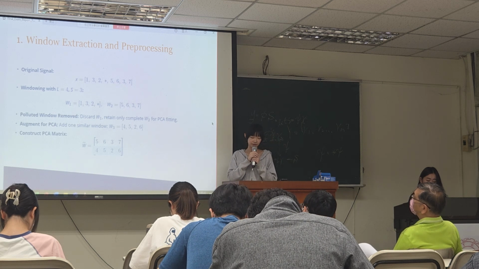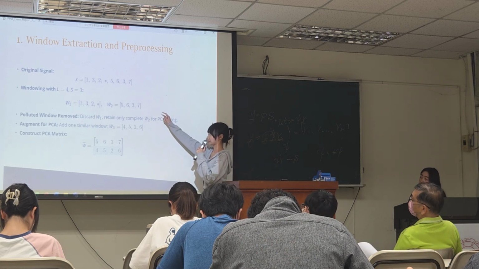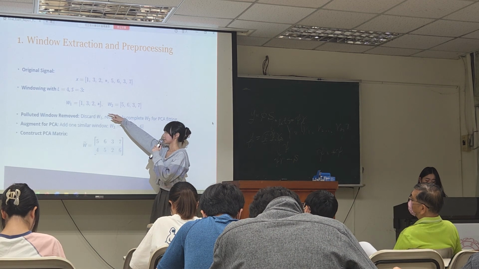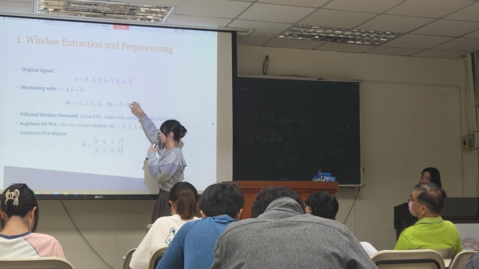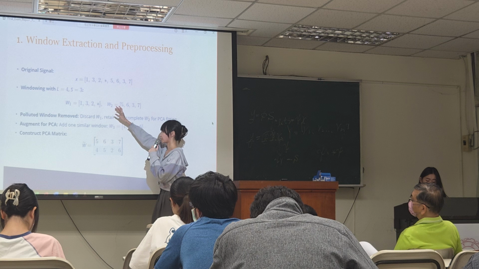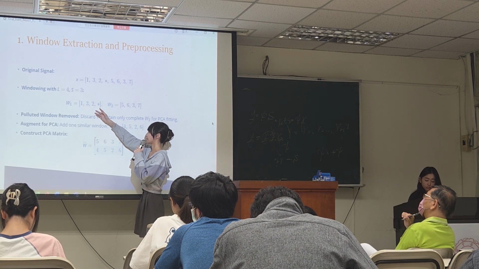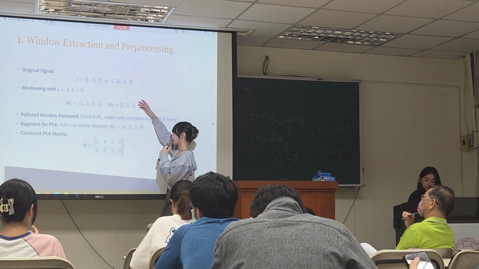The first step is called window extraction and pre-processing. We can see that the missing value is here. The first step is to break the matrix into two parts. W1 has the missing value, so in this step we need to leave out the missing value. So we only have W2, which is complete.